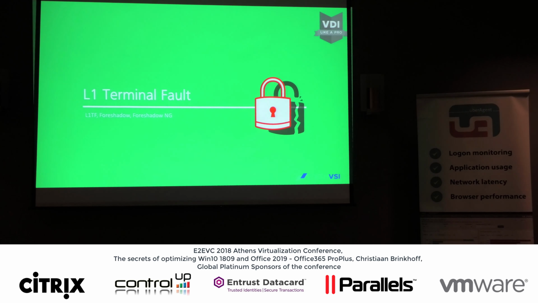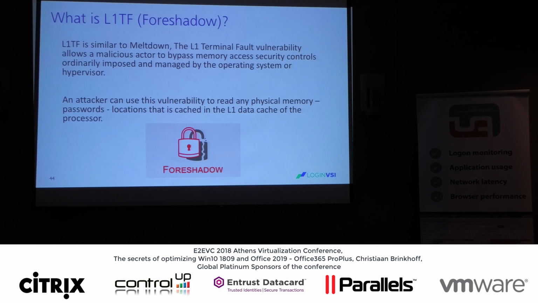There's a new vulnerability detected not so long ago, in August, called the L1 Terminal Fault. It's a similar vulnerability to Meltdown and Spectre. It's a new one, but it can also detect memory and take advantage of passwords, for example.